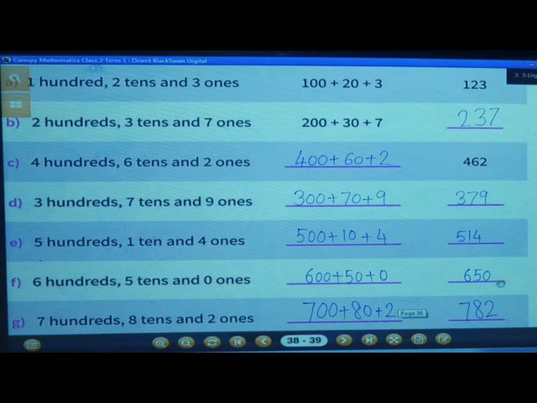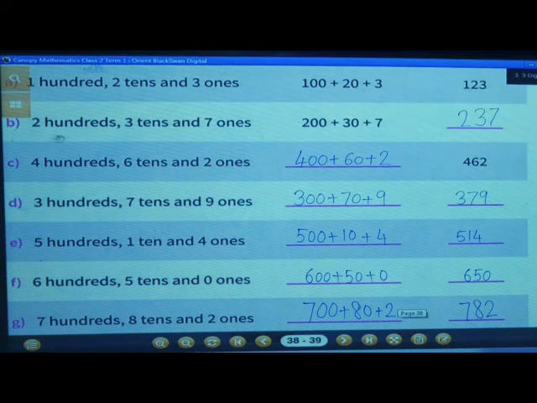See, again one more time I will tell. 1 hundred, 2 tens and 3 ones, that is 100 plus 20 plus 3, that is 123.